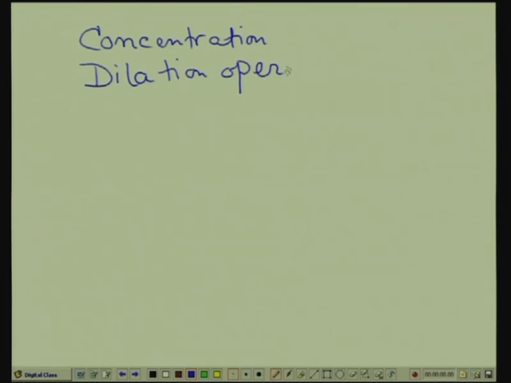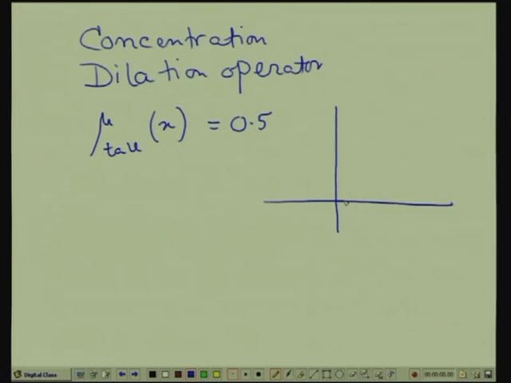All right. Now, at this point I would like to mention two operators. One is the concentration operator and the other is the dilation operator. Suppose for some value of x, I have a membership in tall as 0.5, and the fuzzy set tall will look something like this.